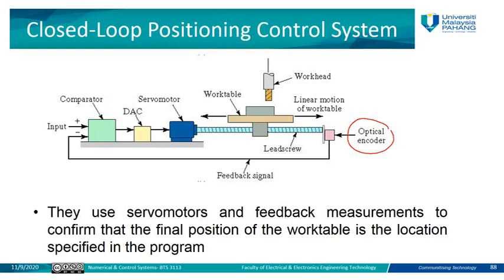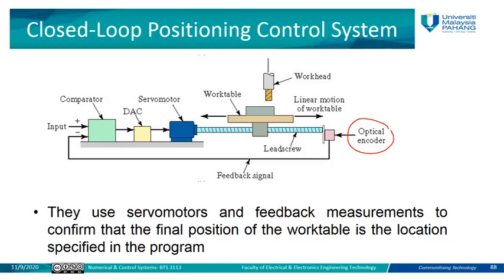So this compares the input value, which is the desired value, and the output or actual value here, and based on this comparator, it will give the output again to the servo motor in order to adjust the position if it's not exactly the same as the desired or the required position.